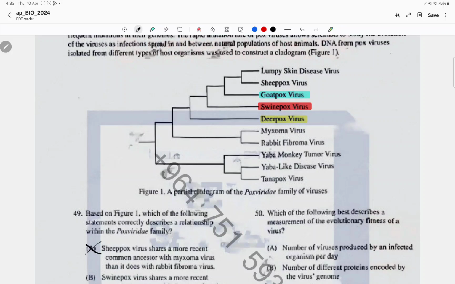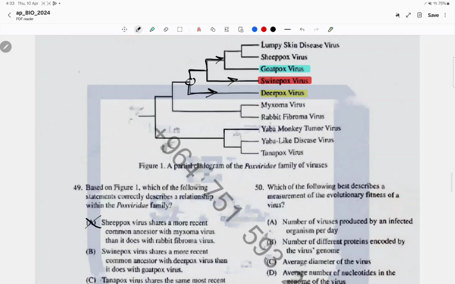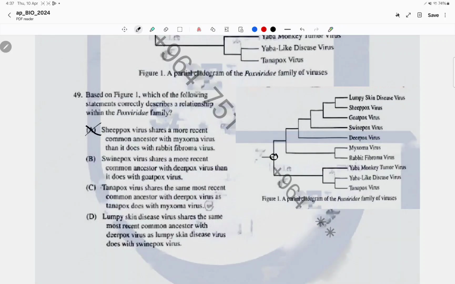Well, look, so here they split, this one this way and this one this way. One went up toward the goat and one went down toward the swinepox. Swinepox shares a more recent common ancestor with deerpox than it does with the goatpox. So B is going to be wrong because swinepox shares the more recent common ancestor with deerpox.